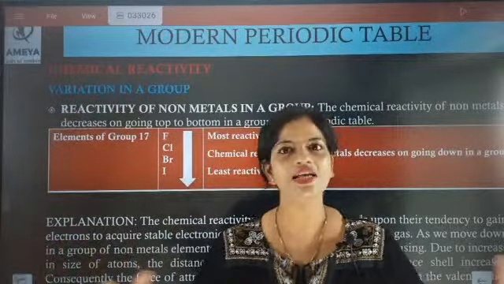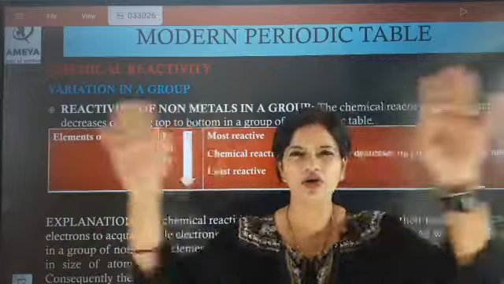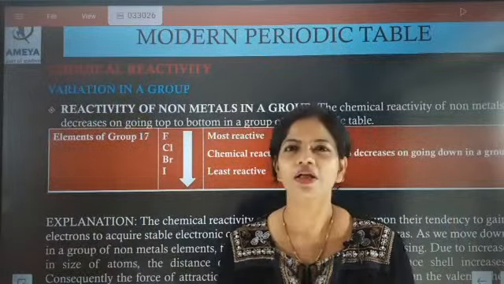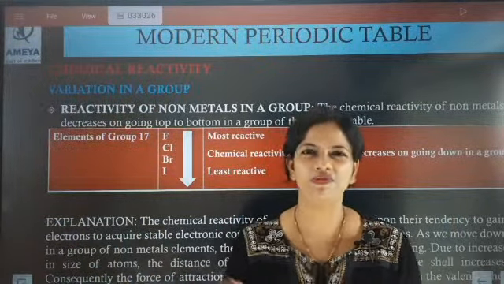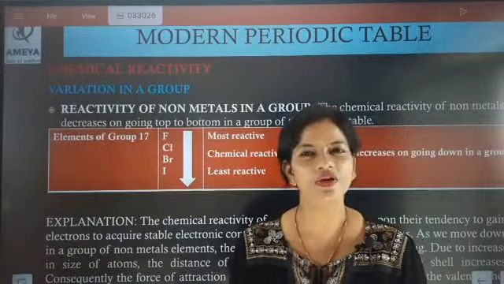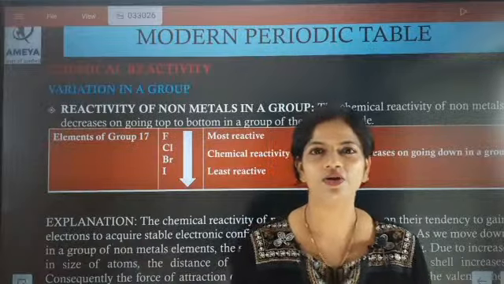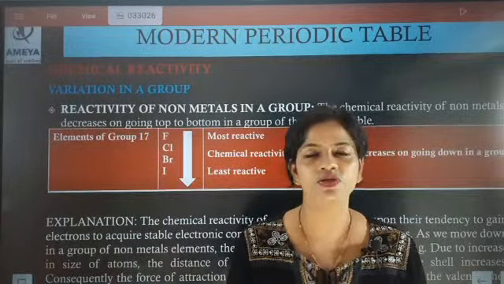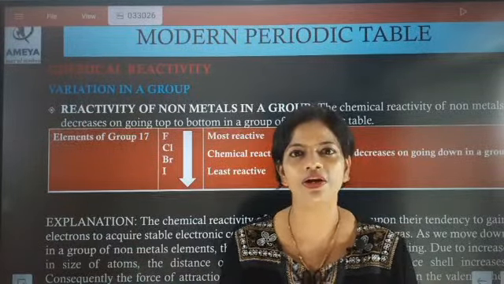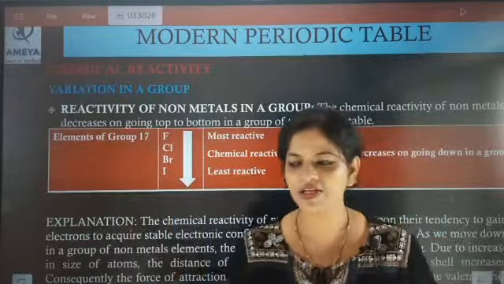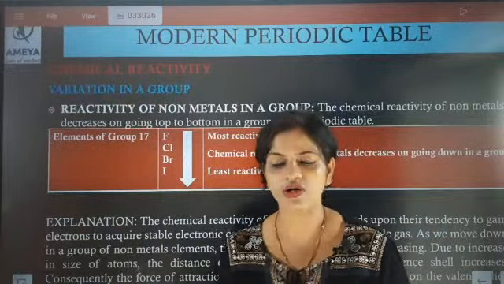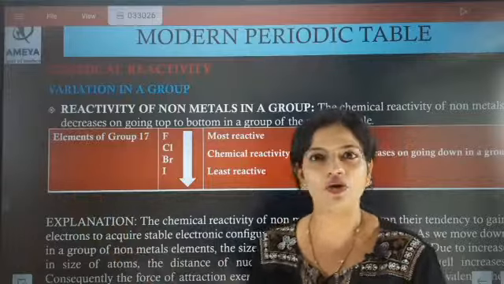Since the electron cloud is already dispersed in iodine, the reactivity of iodine will be less, because the size is big, so it will not take electrons easily. So the affinity for electrons reduces. Because of big size and nuclear shielding effect, its affinity for electrons will reduce.